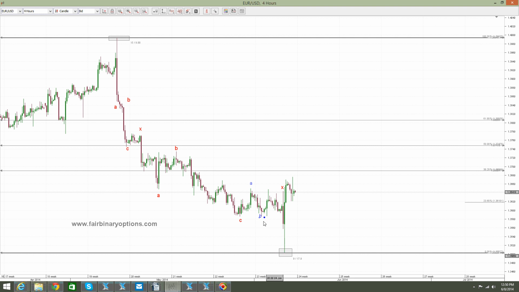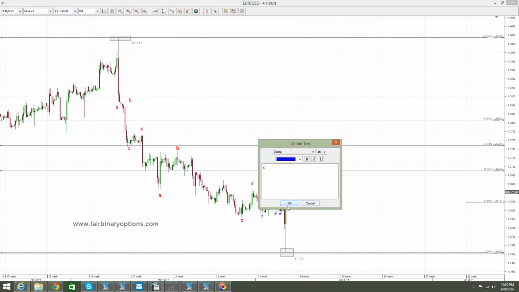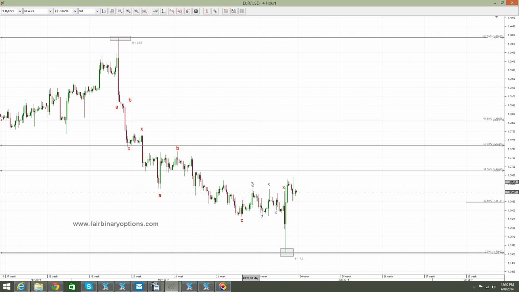So A, B, C, the X wave, and this is a correction with a strong X wave that goes more than 61.8, and then another A, and the B, and the C wave, of course. This is being called a double 3 correction, A, B, C, and ends the X wave.